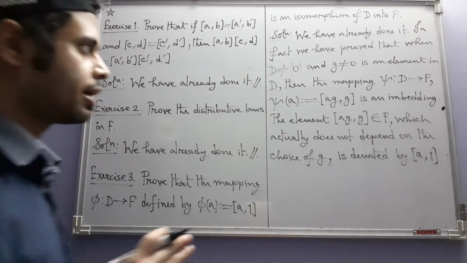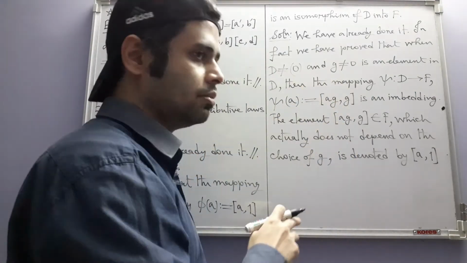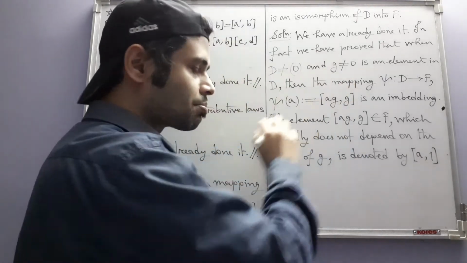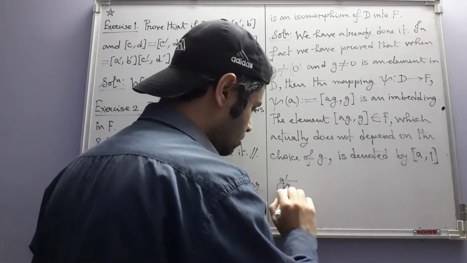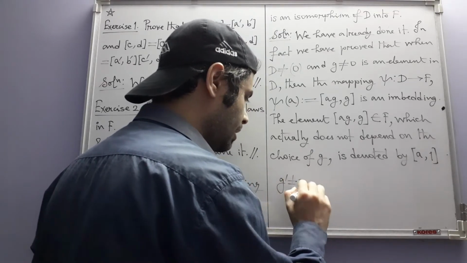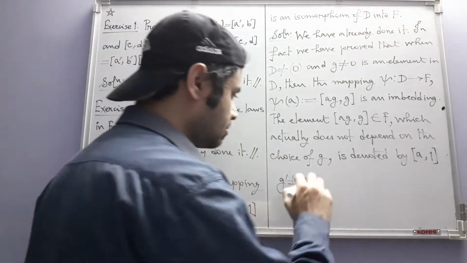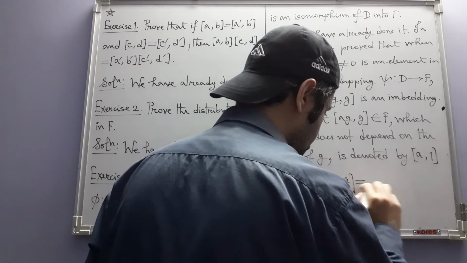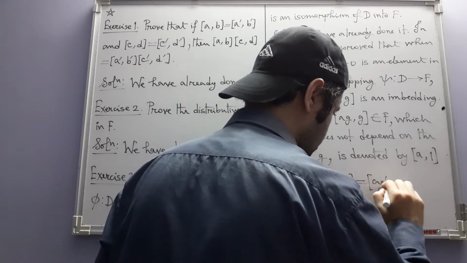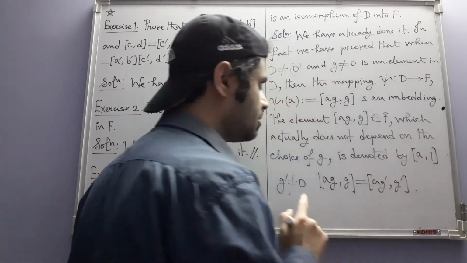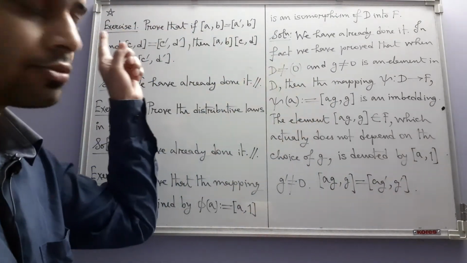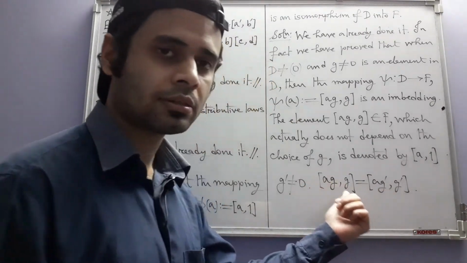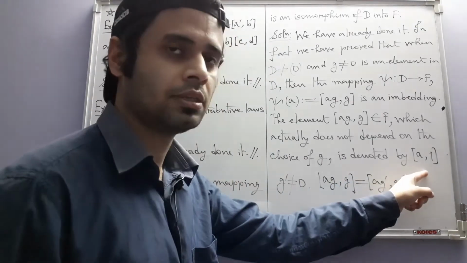We have already seen that irrespective of our choice of g, whatever g we choose, if instead of this particular g we choose some other non-zero element, then these two equivalence classes turn out to be equal. And this was also the reason that the map we defined in the proof is well defined. So this element that does not depend on the choice of g is denoted by this symbol.